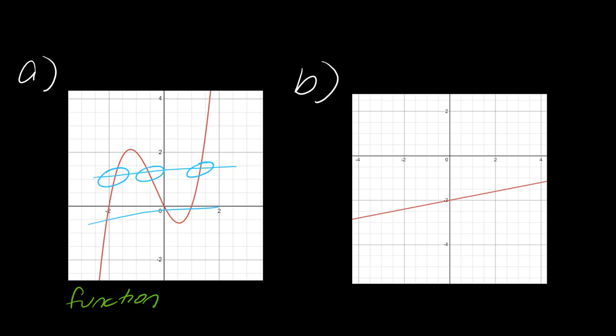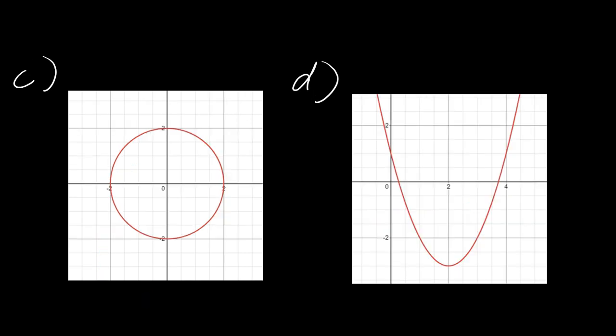Versus this next one, here this is definitely a function, and if I get rid of those lines, it only intersects once. So this is also one-to-one. Now, if we do that again with C here, this is clearly not a function.